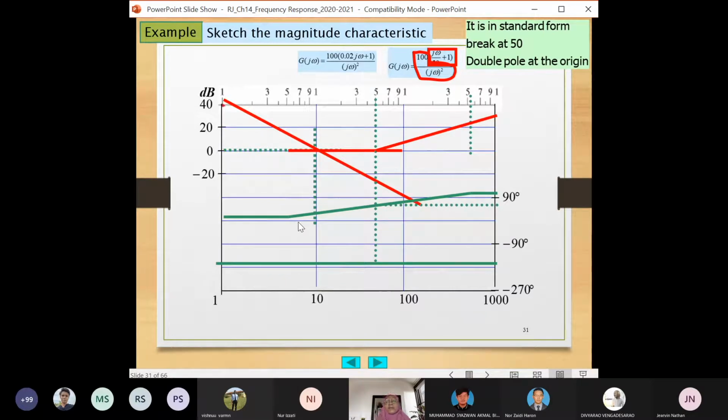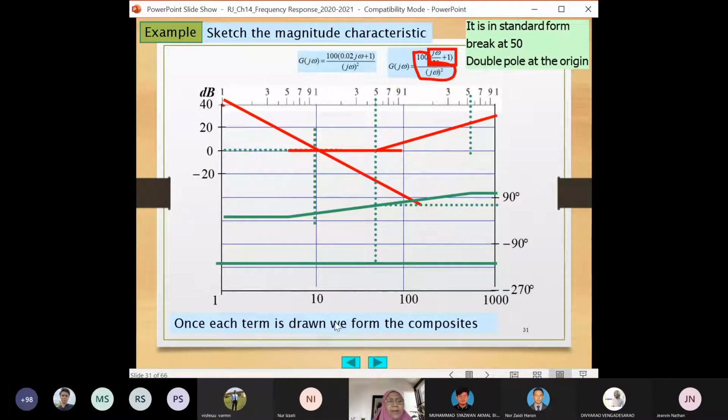The slope is 45 degrees per decade. For a double pole or the quadratic, it is 90 degrees per decade.